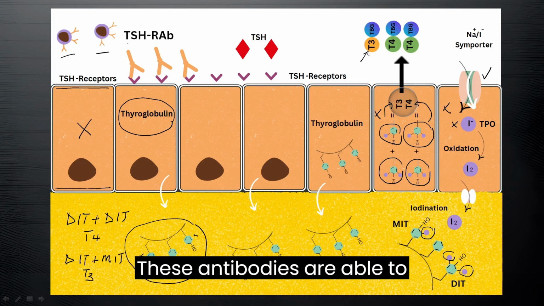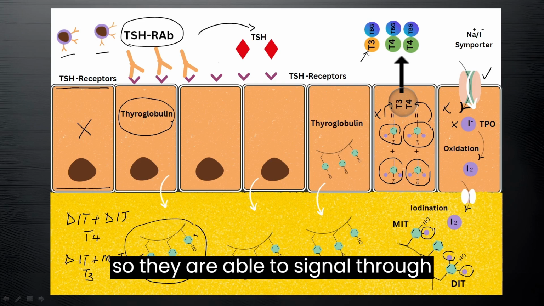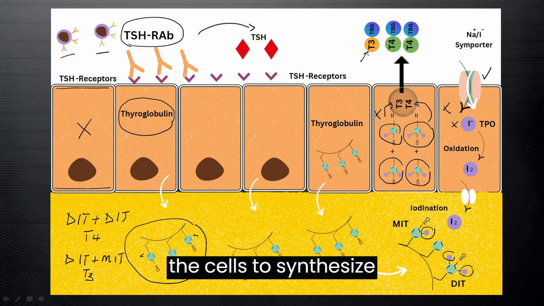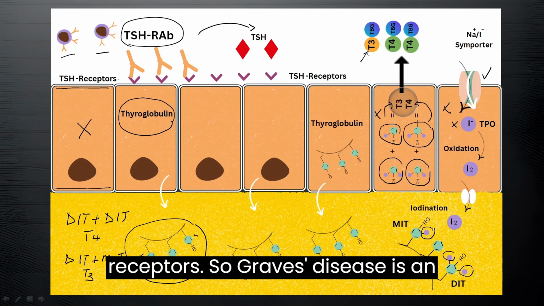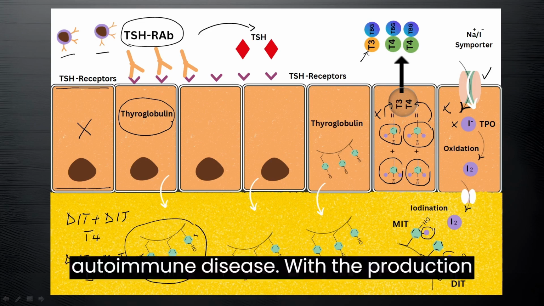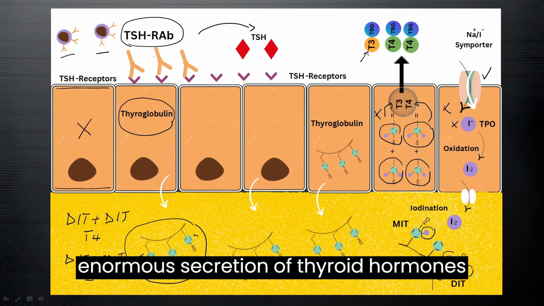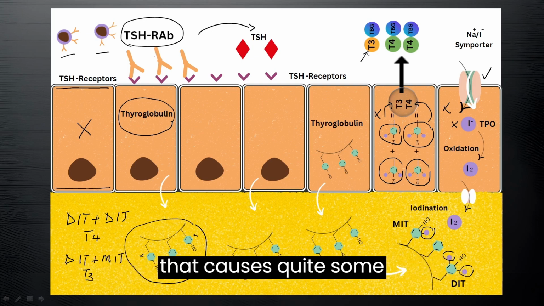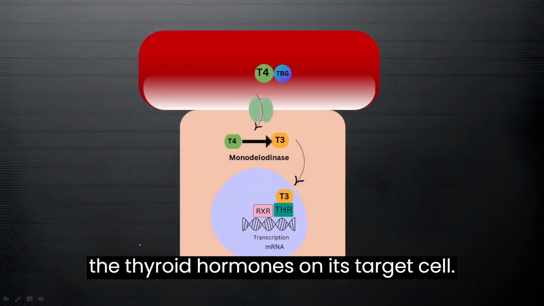These antibodies are able to disguise themselves as the TSH, so they are able to signal the cells to synthesize hormones by activating the TSH receptors. So Graves' disease is an autoimmune disease. With the production of these antibodies, it's able to cause enormous secretion of thyroid hormones that causes quite some unwanted symptoms. Now let's take a look at the effect of the thyroid hormones on its target cell.